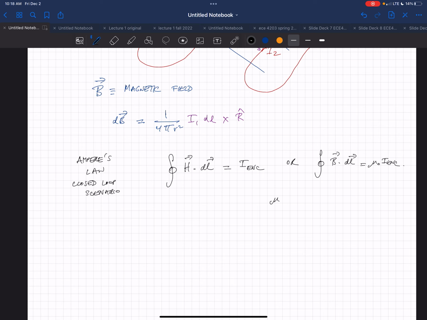And mu naught is this relationship between the magnetic field and magnetic flux, called the permeability of free space. And this is equal to 4 pi times 10 to the minus 7 henries per meter.